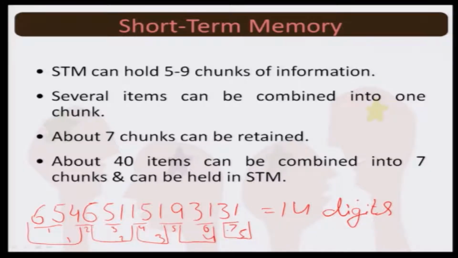Life becomes much simpler. Okay. So, if I have to recollect the number, it becomes very easy for me. Why does it become easy for me? Because I am now trying to memorize the number in terms of chunks. Okay. So, I say 654, 651, 151, 93, 131.